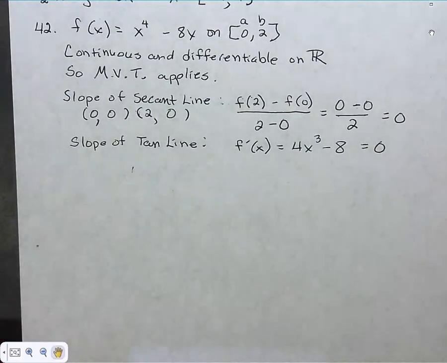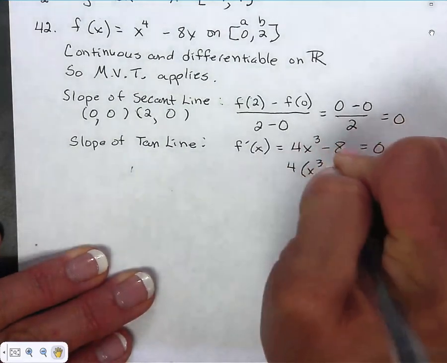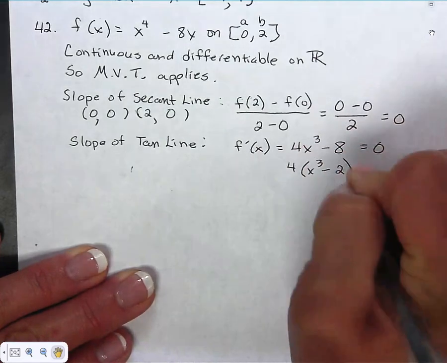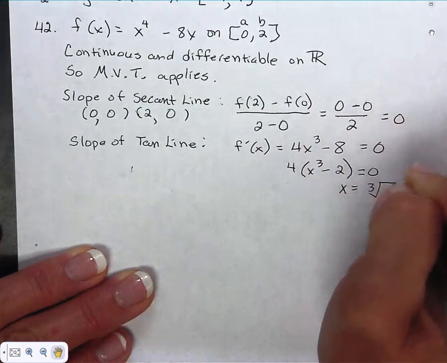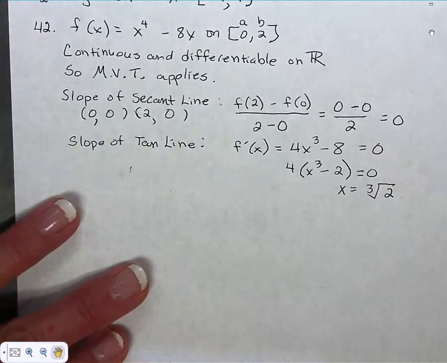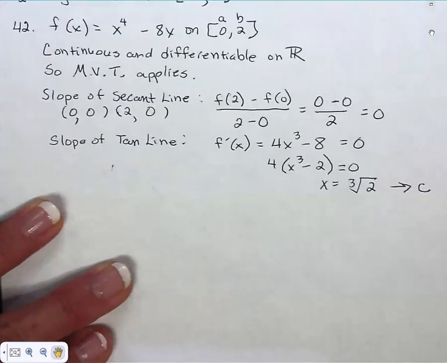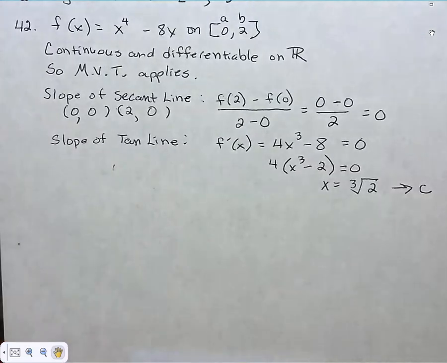If the slope of the secant line had been something else, if it had been 2, for example, we'd be looking for what makes that equal 2. But because it's 0, we're looking for what makes the derivative 0. And that's pretty easy on this one. That's the value of C we were looking for, cube root of 2.